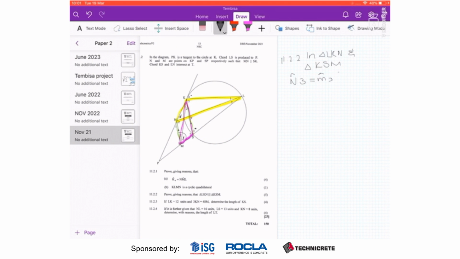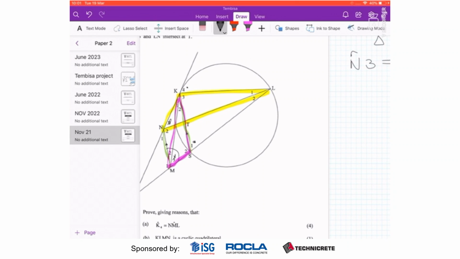And the reason that I said is angles in the same segment. The next one is going to be another angle in the same segment, but it's going to be L1 and M2.